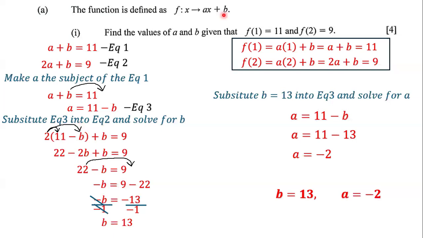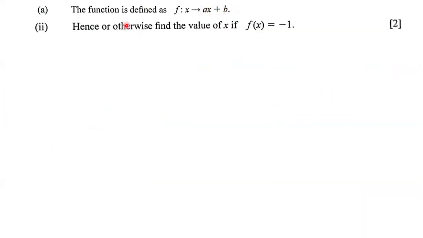Before, we didn't know what a and b were, but now we know: b is 13 and a is equal to negative 2. That is going to help us with plugging in those values for this function. Next, it says the function f is defined as ax plus b. Hence, or otherwise, find the value of x if f of x is equal to negative 1.